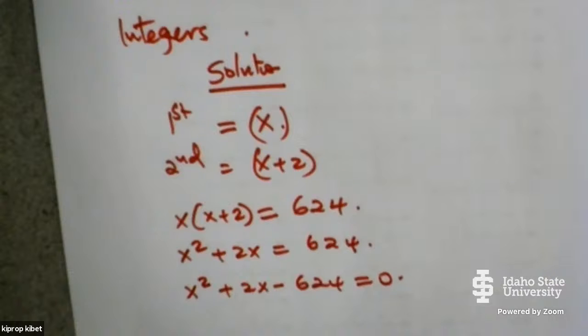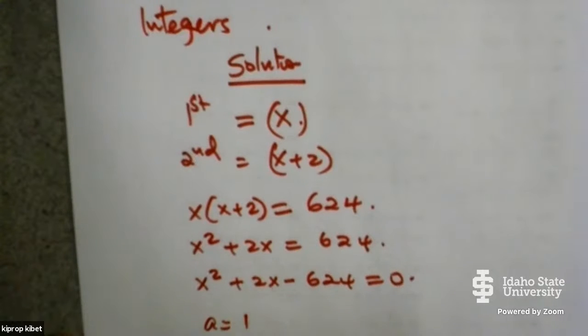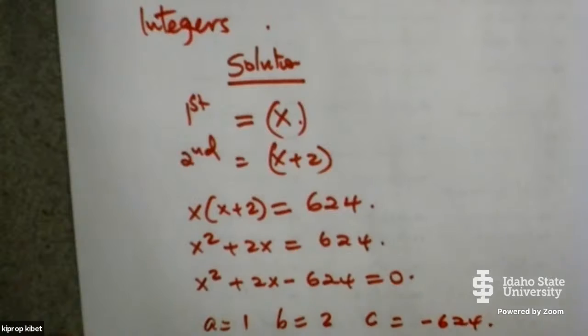Now you use the methods that we have seen. The easiest method to apply here is the quadratic formula, because finding the factors of 624 is hard. So a equals 1, b equals 2, c equals minus 624.